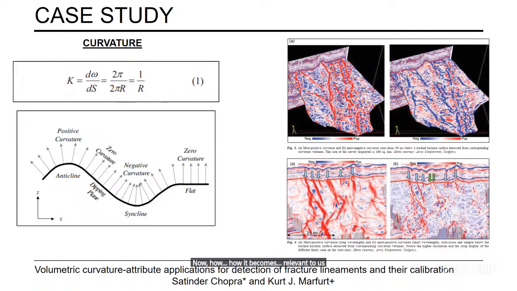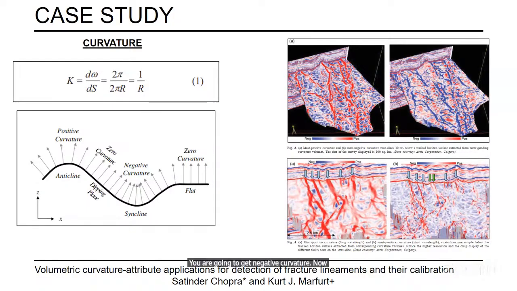If you look at the picture next to you, you will see that in an anticlinal setting, you are going to get positive curvature, whereas in a syncline kind of setting, you are going to get negative curvature.